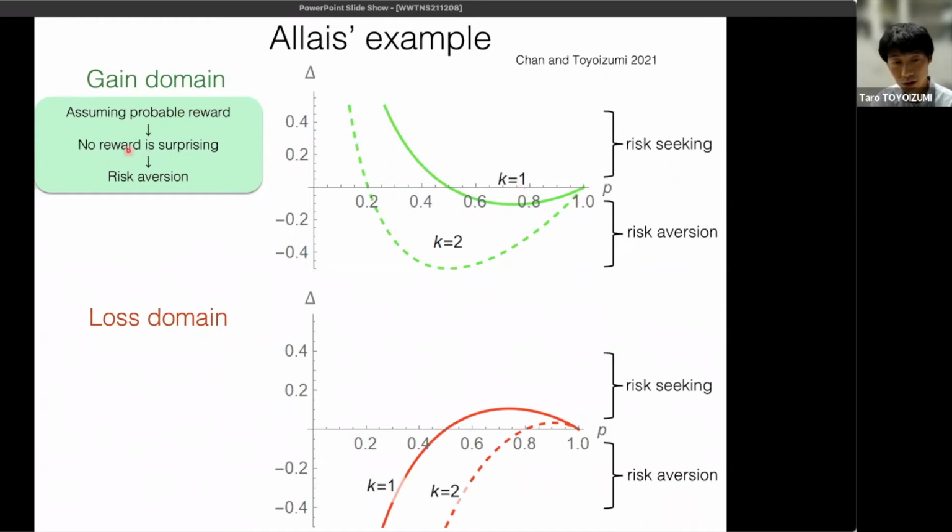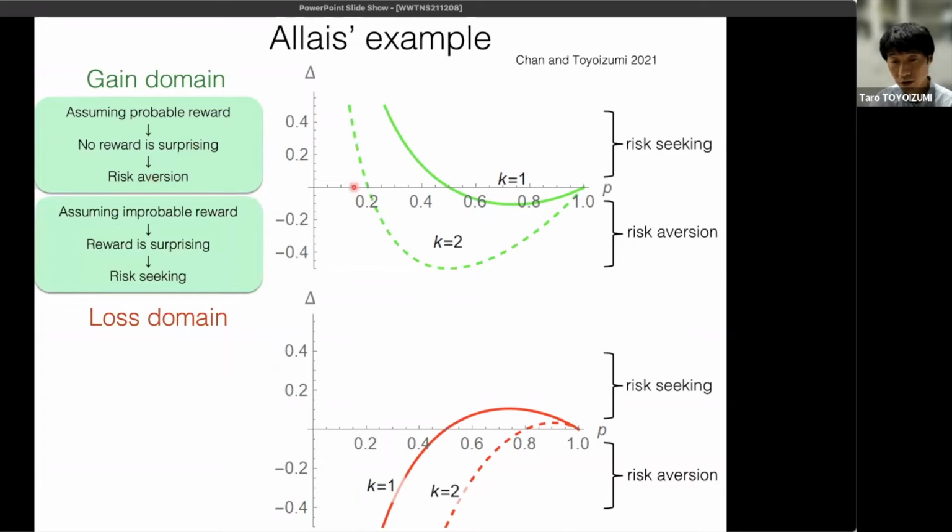But if you receive no reward, that's surprising and disappointing. And this disappointing event is amplified by the nonlinear function. So this nonlinear amplification reduces the value of this option, which leads to risk aversion.